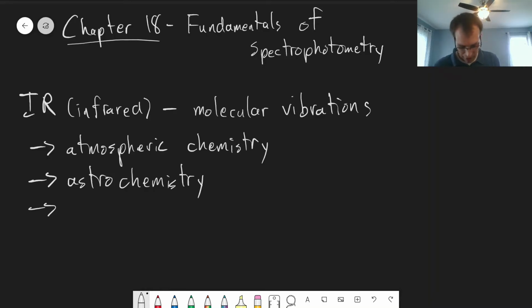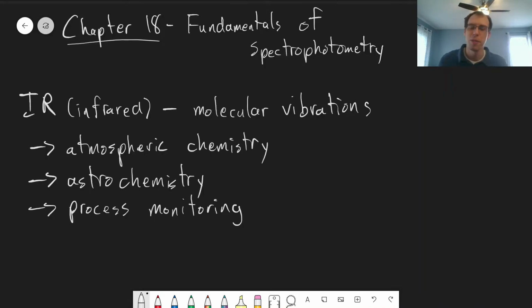Other areas where IR, or just spectroscopy, shows up include process monitoring. The characteristics of spectrophotometry are really useful for this because you can do measurements without using up your sample. So if you're monitoring a process as it's happening, you don't have to take something out of it. You can possibly just take measurements as it's happening. Other things can include biological assays.